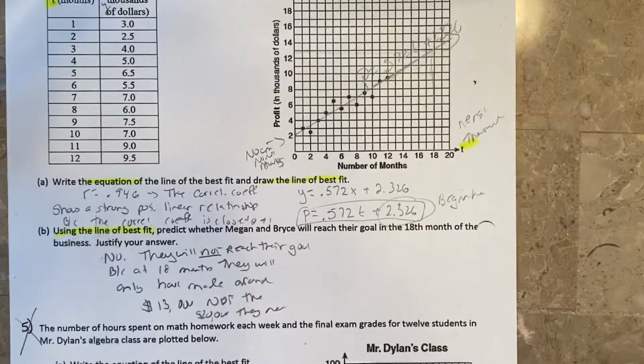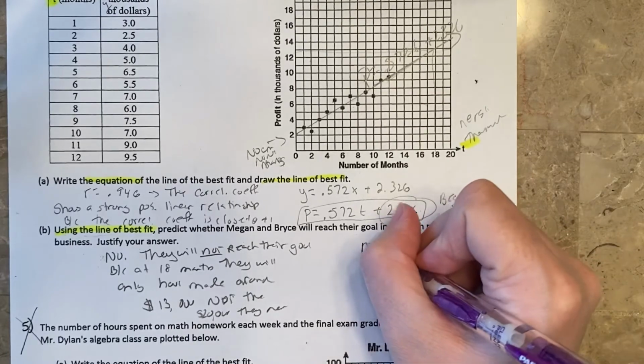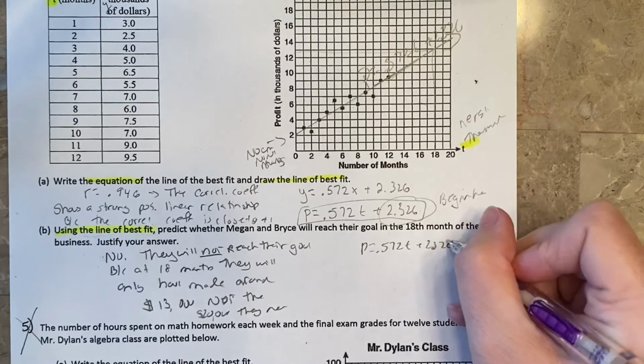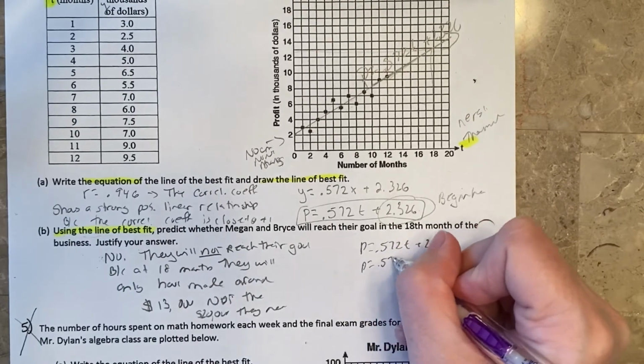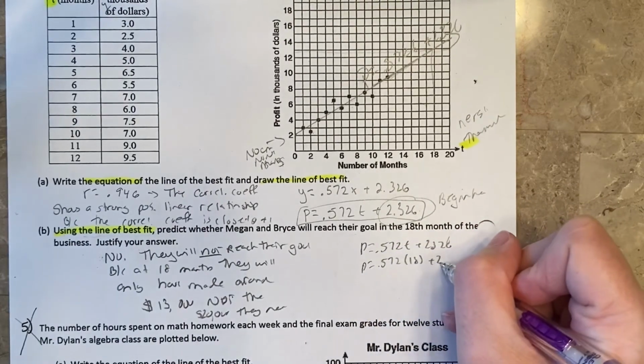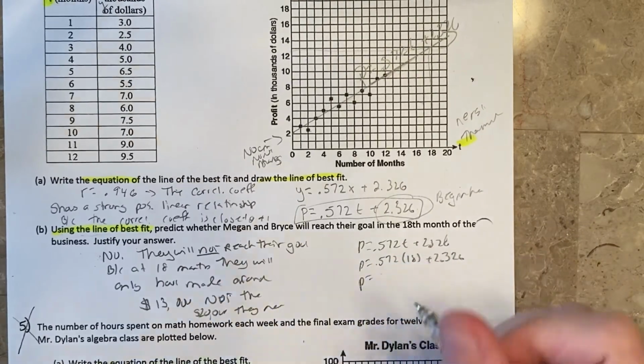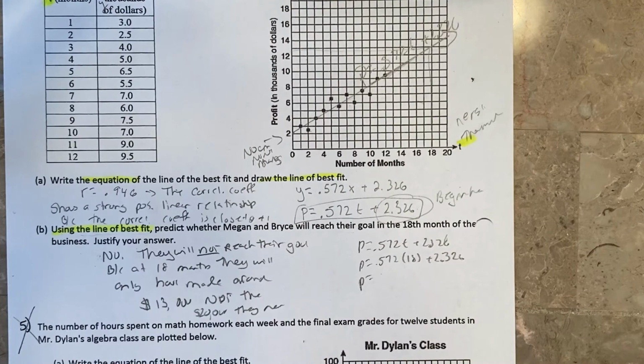Okay, and if we were to check that in the equation, we would put in 18 for t: 0.572 times 18.